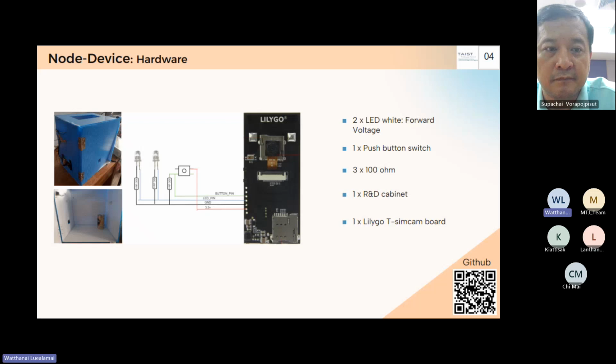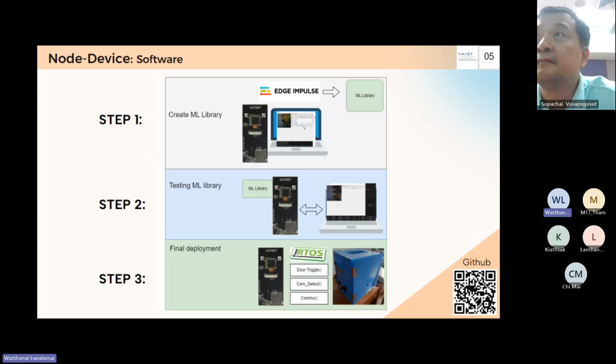Then we need 1 button to indicate whether the refrigerator is closed or open, and 3 100-ohm resistors for the button and LEDs, a simulated refrigerator cabinet, and then we need the ESP32 board.